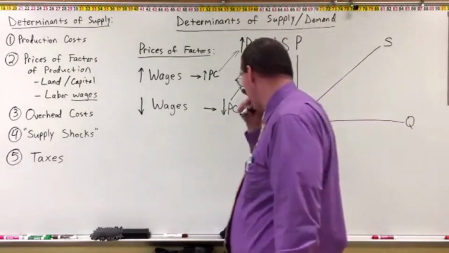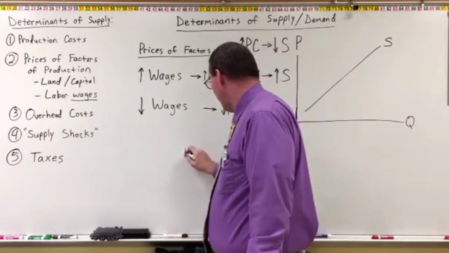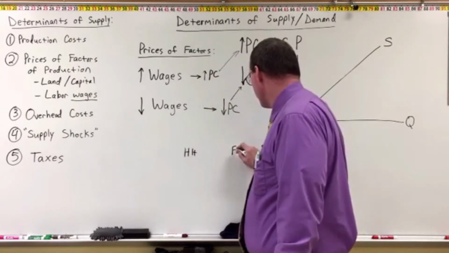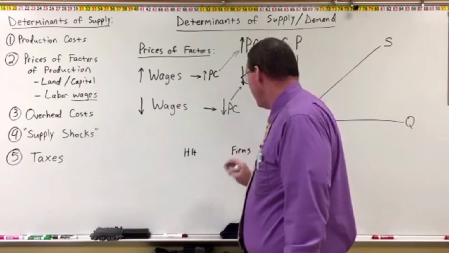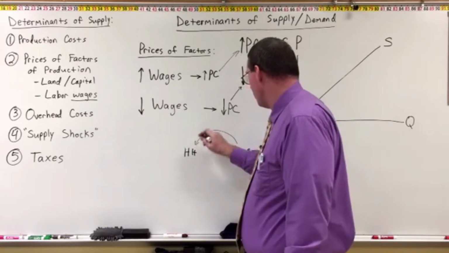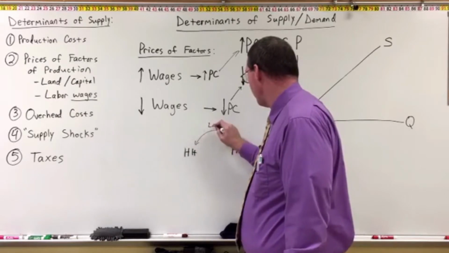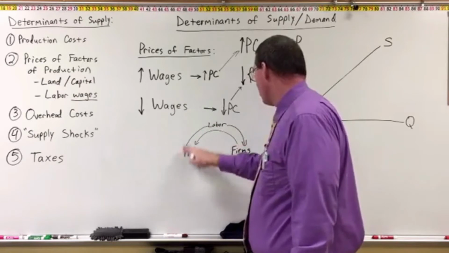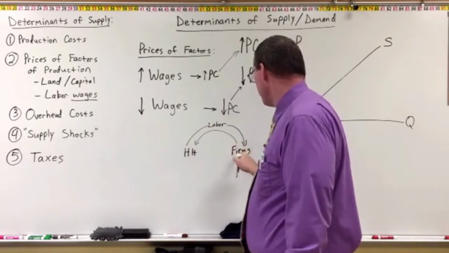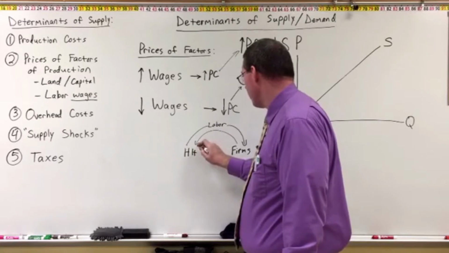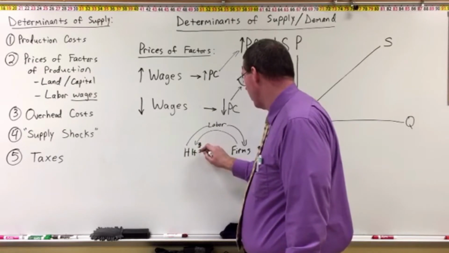In fact, another way to think about it is this: if you look at the circular flow diagram, the households and firms, right? Firms pay households income through the labor market. So through the labor market, households provide labor, firms provide households with income, right? So over here, this dollar sign, that's income.